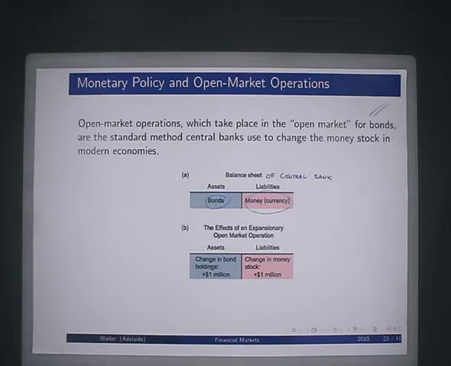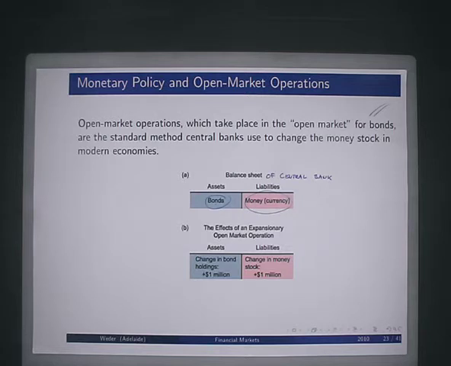It's because the money, the currency here in this economy is going up. It's expanding. Okay. So when the central bank buys bonds, more money is in circulation. Okay, so an expansionary open market operation is one where they buy bonds and the money in circulation is increasing.